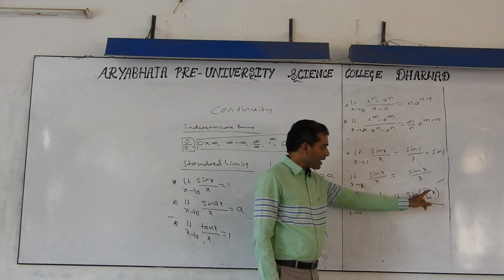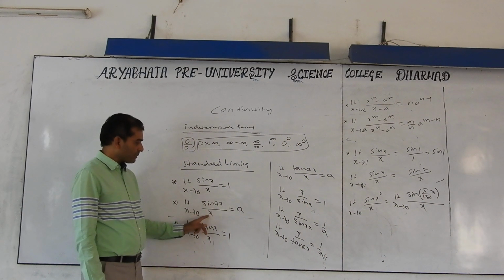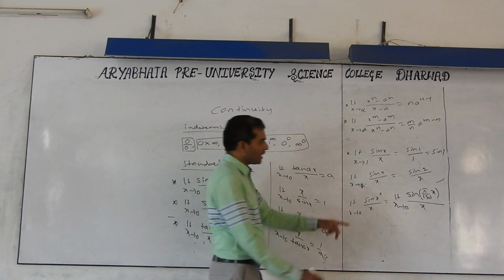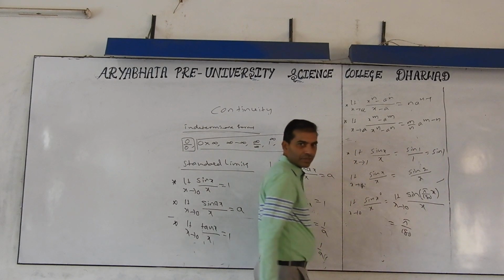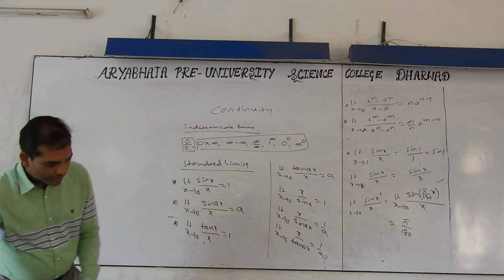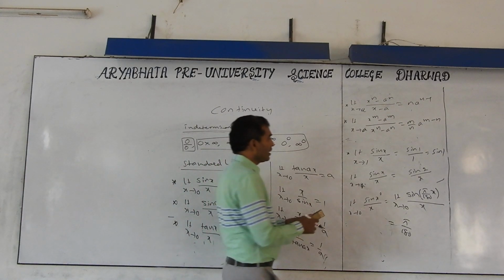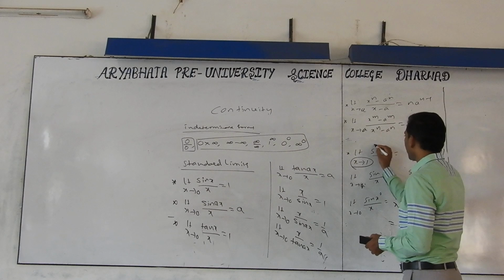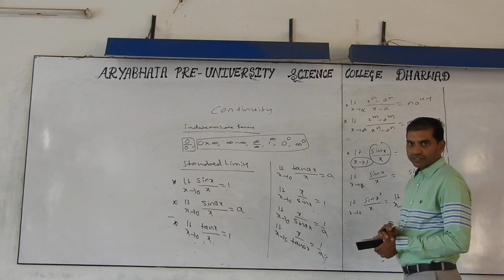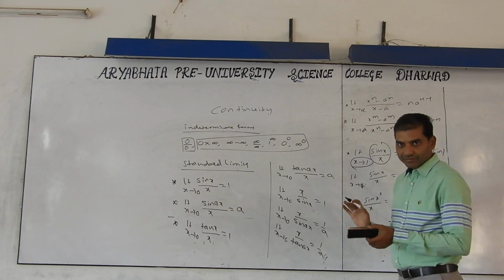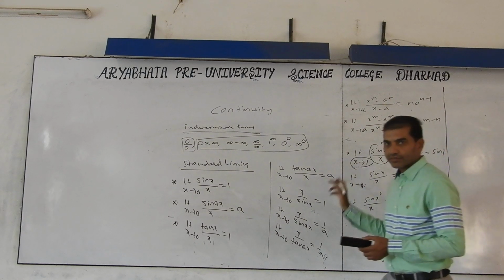Like sin ax by x, limit as x tends to 0 sin ax by x equal to a. So what is the a here? The a value is pi by 180. Most of the students will get confused. This is very important: this function is changing by this, so without this, don't find it, because sin x degree by x is not 1. So it will be changed by pi by 180 x. This is most important here. x tends to 1.